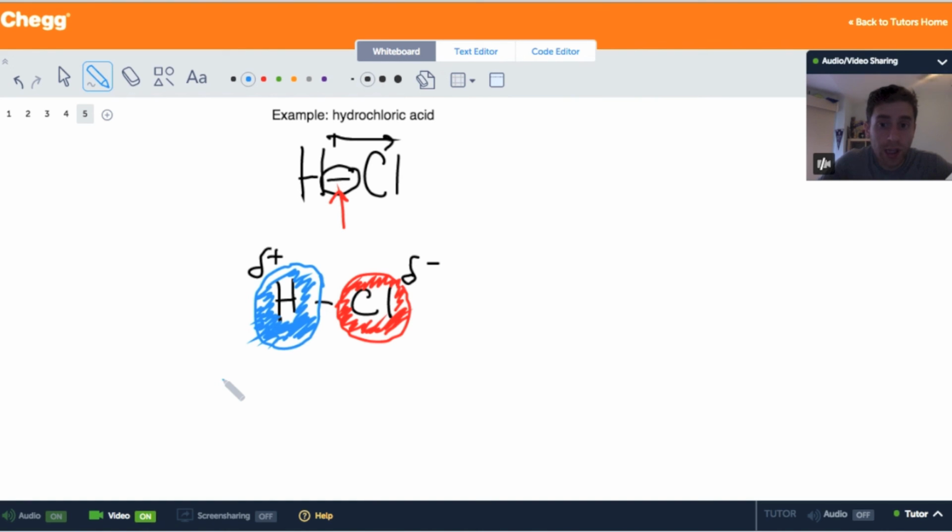So HCl, hydrochloric acid, is a polar molecule due to the differences in electronegativity. So whenever you have molecules that have different electronegativities, which means that one is going to be hogging electrons over another, you have the capability to be a polar molecule.